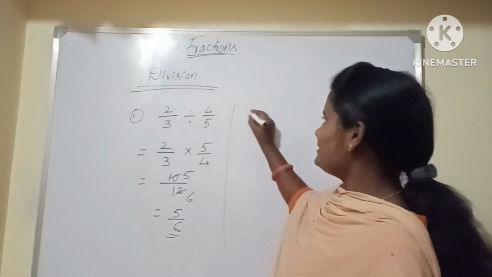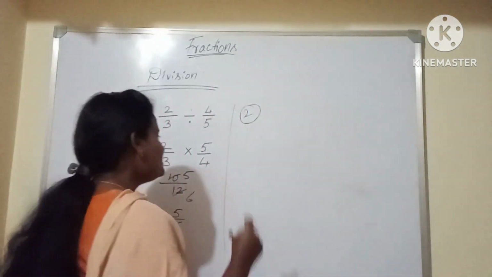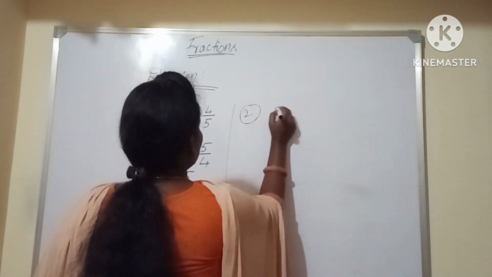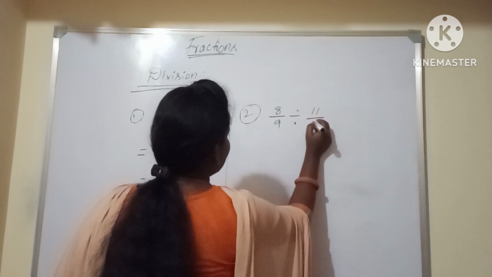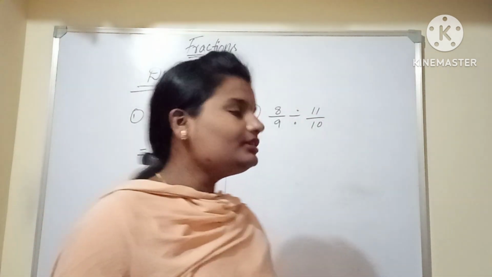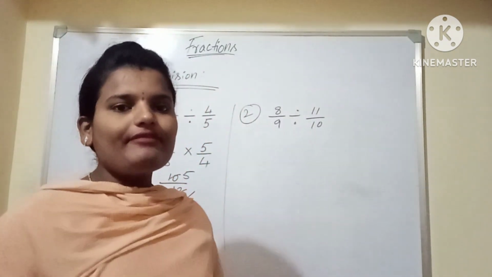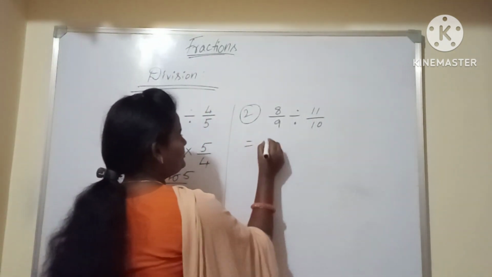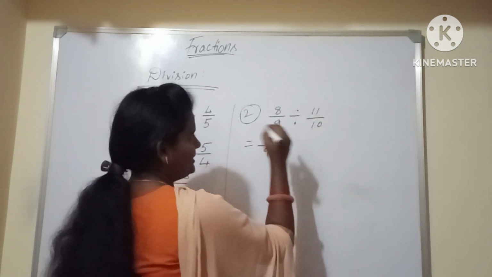So another example we will see for the same division only. Suppose 8 by 9 divided by 11 by 10. Same here. First what we should do, we have to change the operation from division to multiplication.